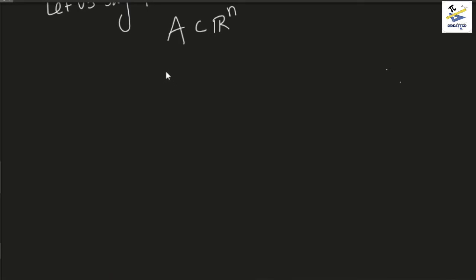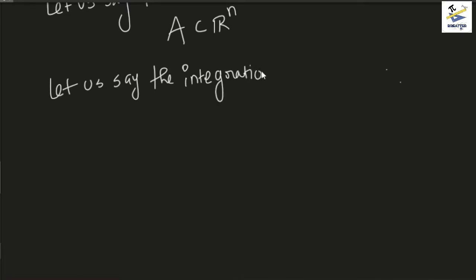So what we used to do is, the integration region is a comma b closed, where a and b are finite real numbers.